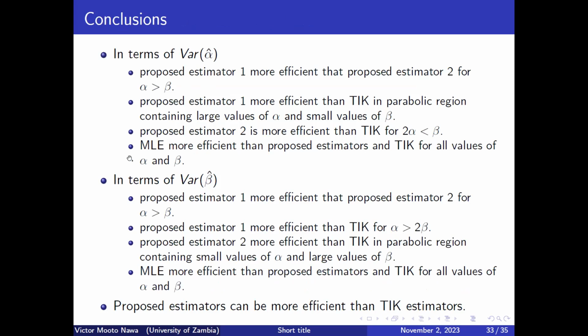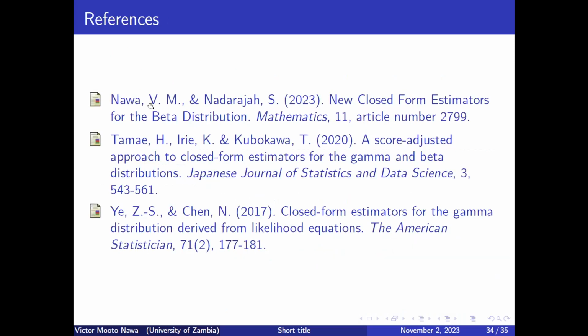What we are seeing is that our proposed estimators are a little bit simpler than the TIK estimators, and for certain values of alpha and beta, they can actually be more efficient. But as I said, this was based on a paper that we wrote with Professor Nadaraja. So if you are interested in more details, you can get to this paper and read more about it.